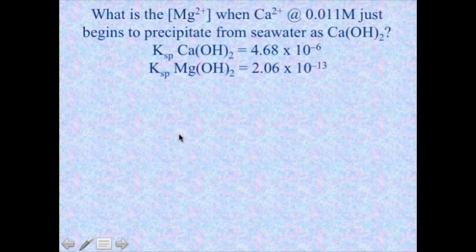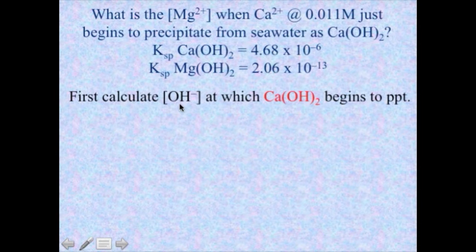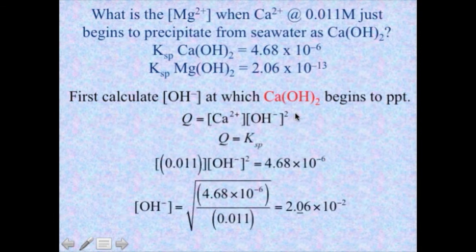Well, to solve this, first we'll calculate the hydroxide ion concentration at which calcium hydroxide begins to precipitate. So the Q equation is the concentration of calcium ion times the concentration of hydroxide ion squared. And at equilibrium, Q equals Ksp.